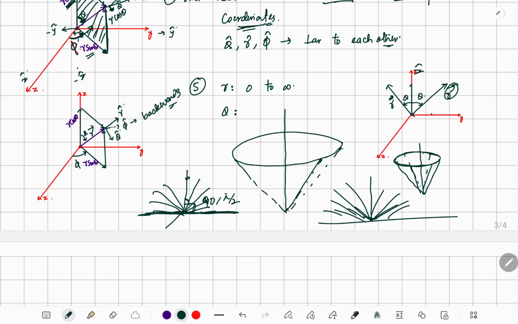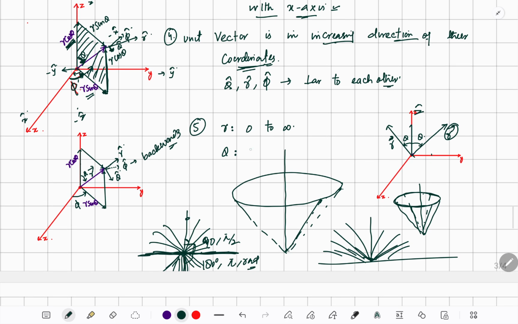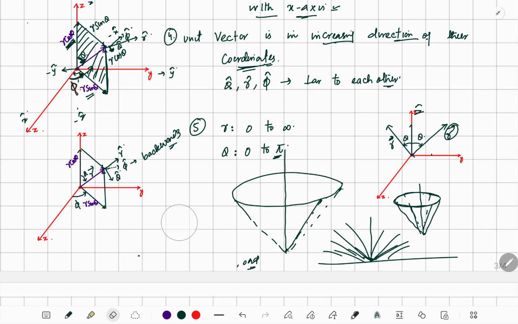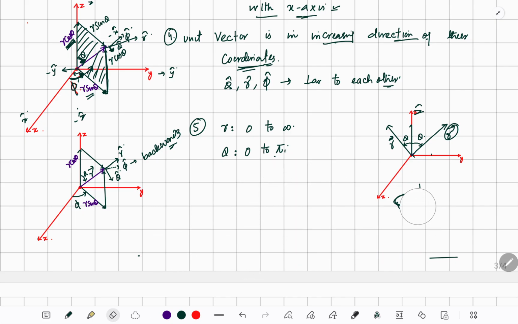So it will open like this, and how much angle will you cover? 180 degrees, or pi radians. So theta has the range 0 to pi. Are you able to imagine this from the umbrella example? I hope you understand it. So the range of theta is 0 to pi.